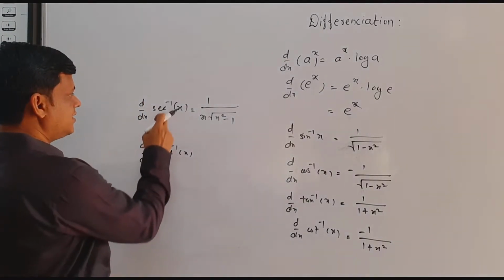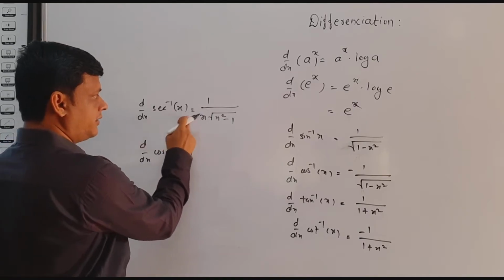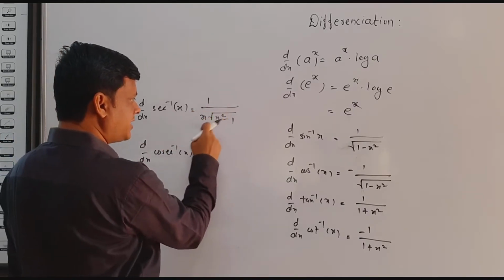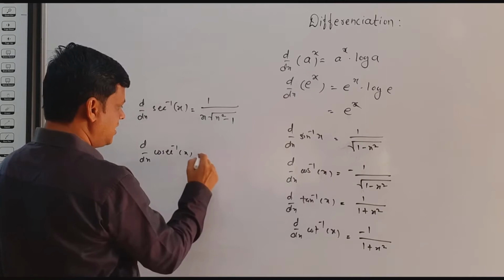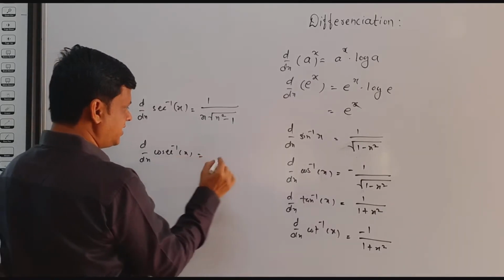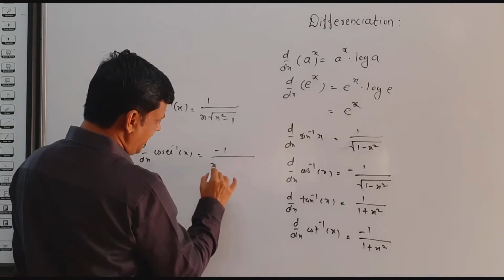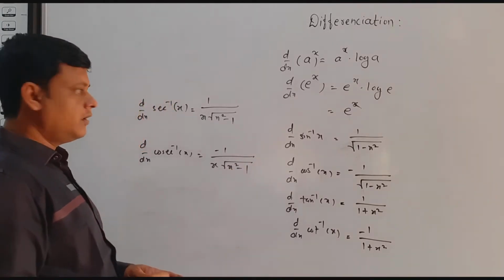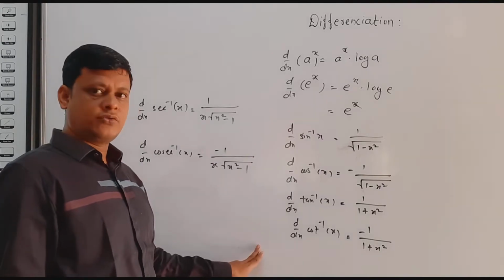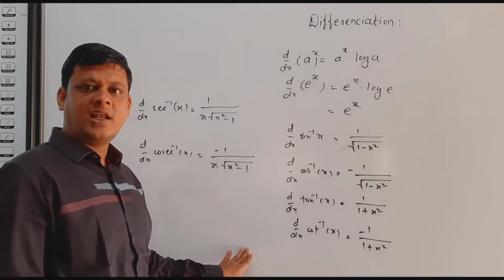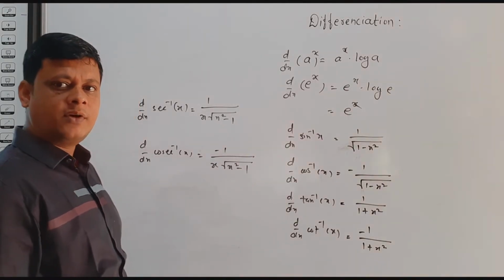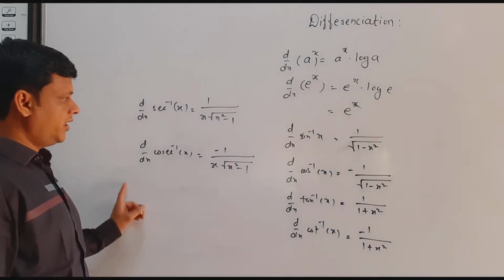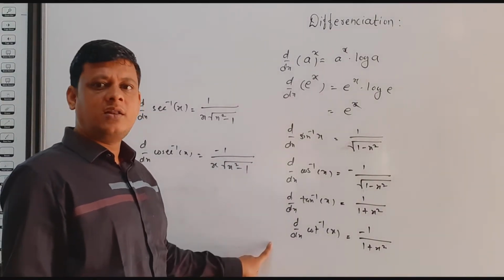So the derivative of sec inverse x is 1 upon x into under root x square minus 1. Then the derivative of cosec inverse x is minus 1 upon x into under root x square minus 1. All these derivatives we find in class 11 with the help of first principle. So you have to remember them in this way.